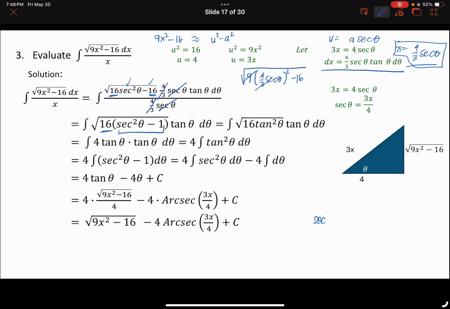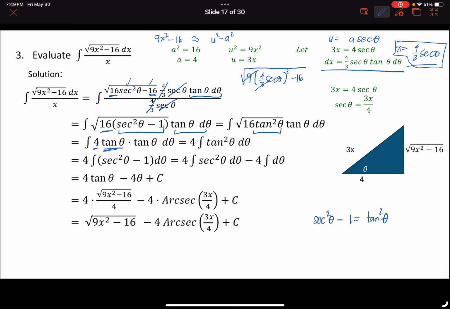So secant squared theta minus 1 is equal to tangent squared theta. So tangent squared theta, and then you have here your tangent theta d theta. Taking the square root, square root of 16 is 4, and square root of tangent squared theta is tangent theta, times tangent theta d theta.